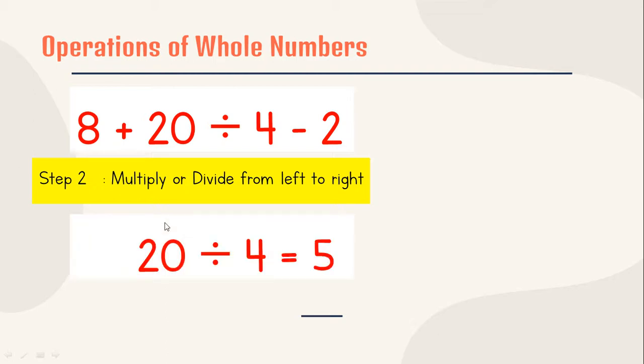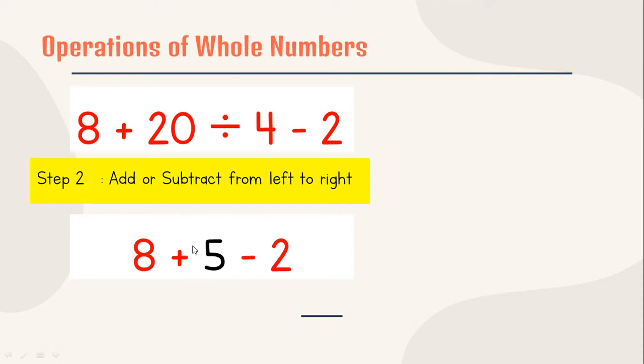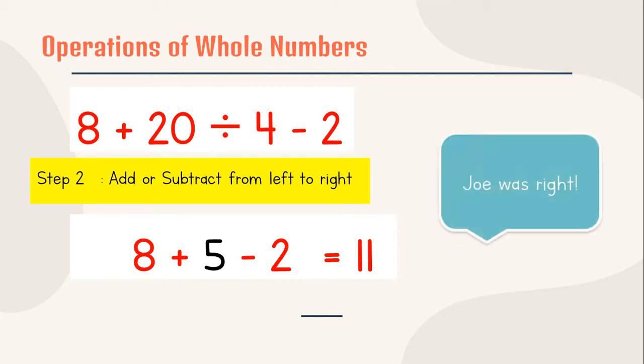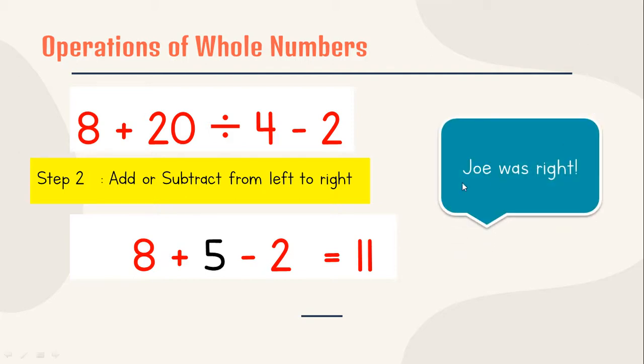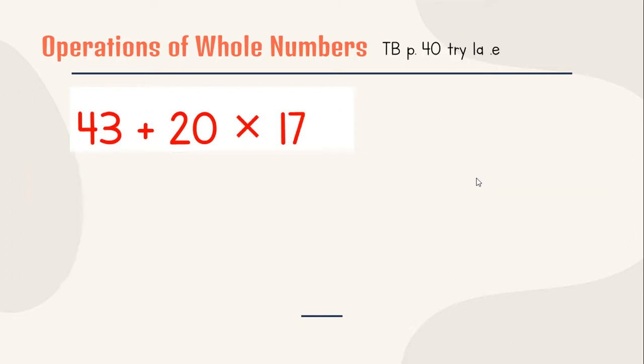After that, add or subtract from left to right. 8 plus 5 minus 2. Look at here how this 5 is from 20 divided by 4 equals 5. So equals 11. Okay, go to the next. Oh, so that's why. The answer is Joe. Joe was right.